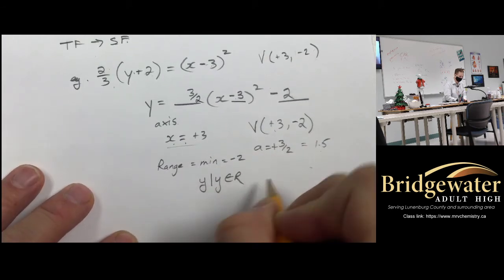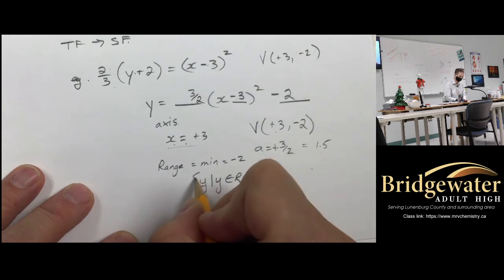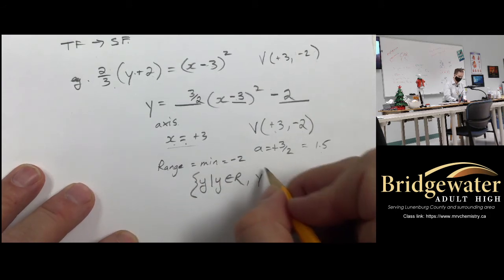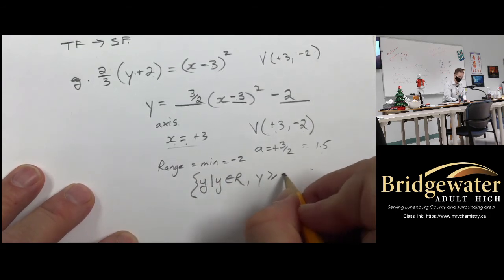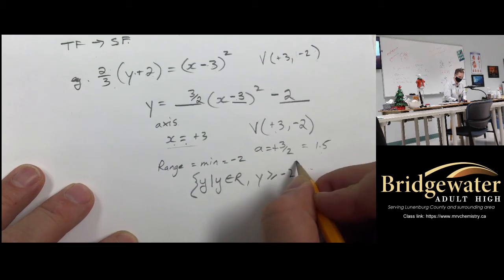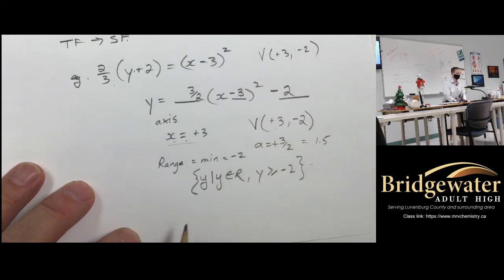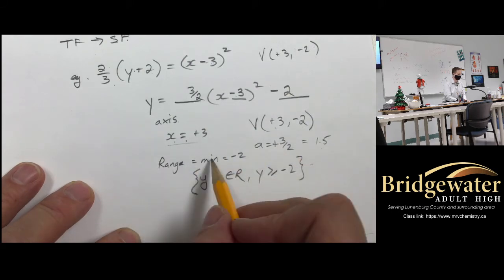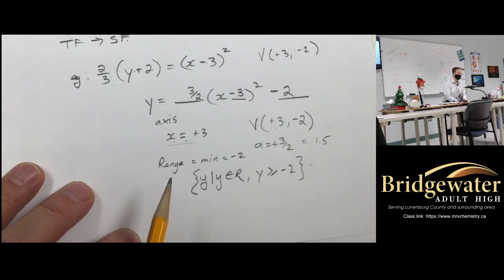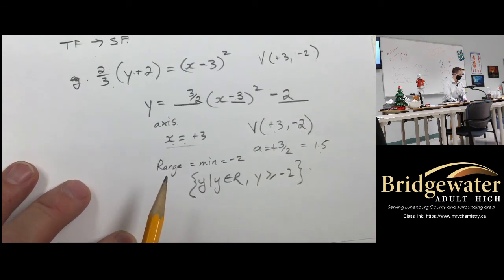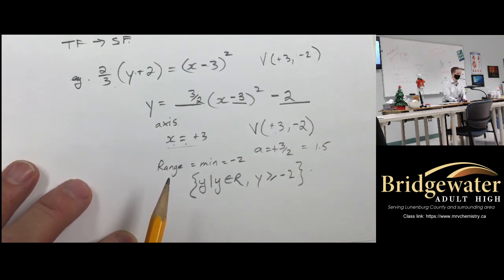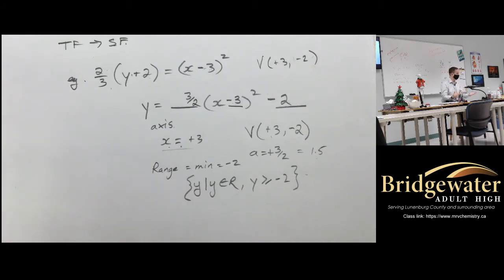And again, this is on your formula sheet, the standard: Y has got to be greater than or equal to negative 2, and then the fancy braces. You can write the range like that, in weird gobbledygook, or you can write the minimum is negative 2. And that's it. Now, it's pretty simple.